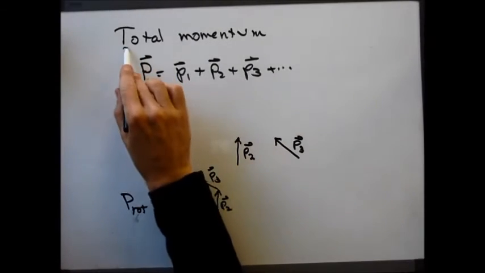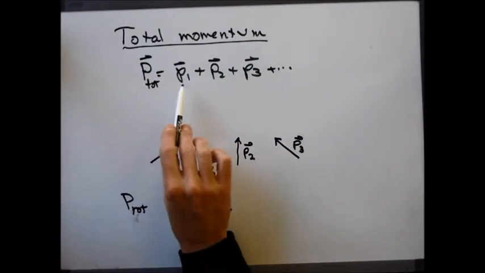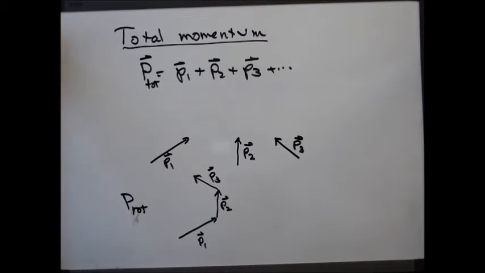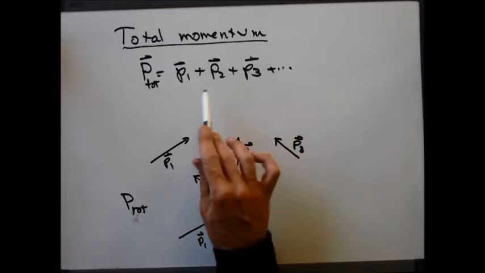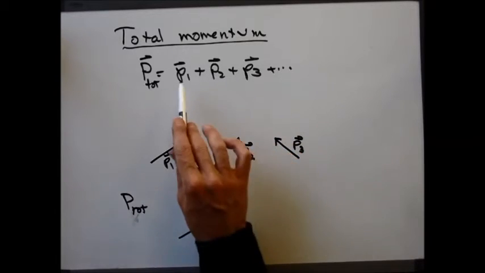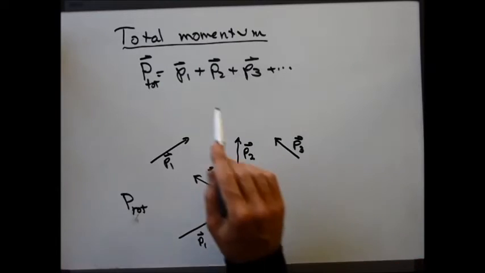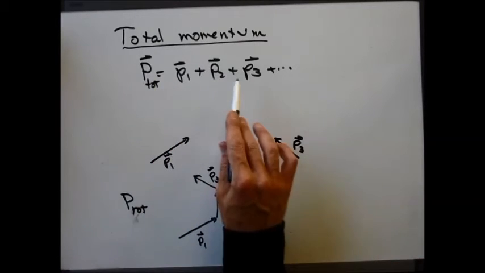So the total momentum for a system is just the vector sum of each of the individual momenta for the system. And so if I want to add up the momentum for several different objects, like for example 3 cars going down the highway, or 3 birds flying through the sky, or some number of football players, defensive linemen running forward, I just add them as vectors.